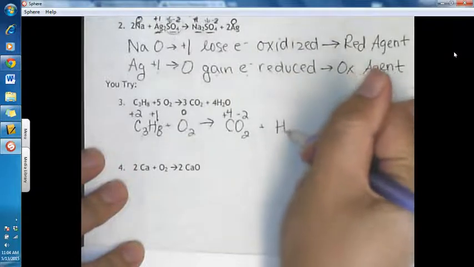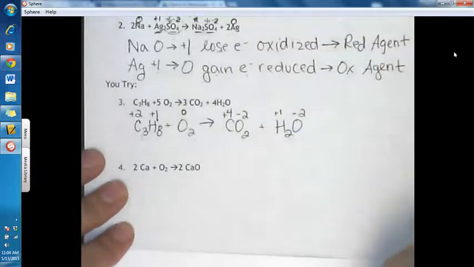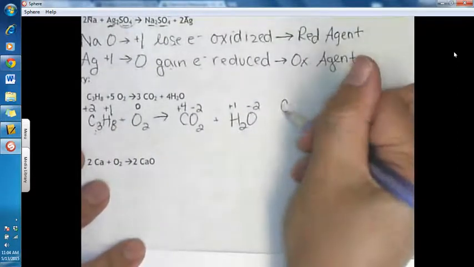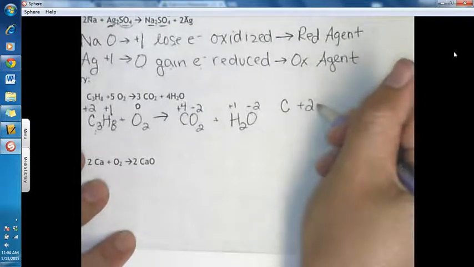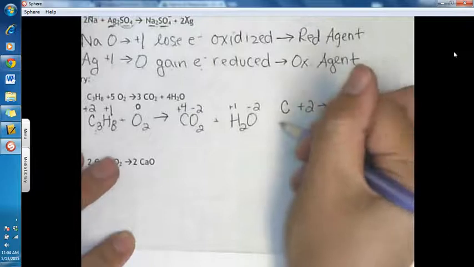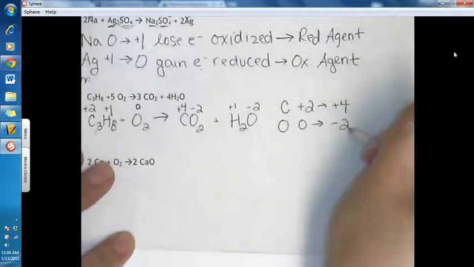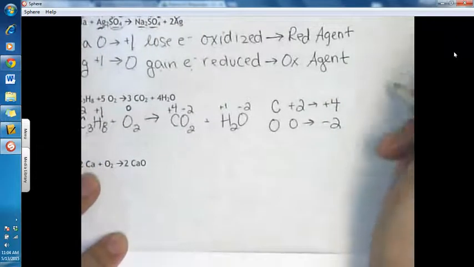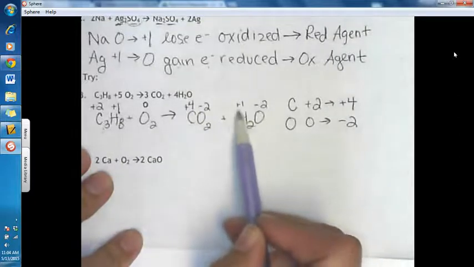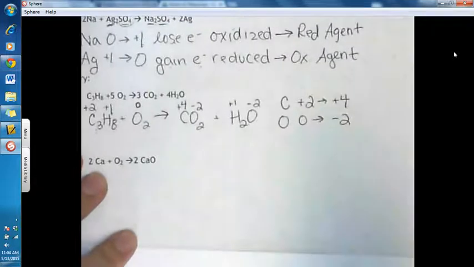Our H2O, hydrogen is always +1, oxygen is always -2. So things that are changing here, we have our carbon going from +2 to +4. Our oxygen is going from 0 to -2. Our hydrogen is staying the same, +1, +1. So that's neither being reduced or oxidized, so we don't worry about it.